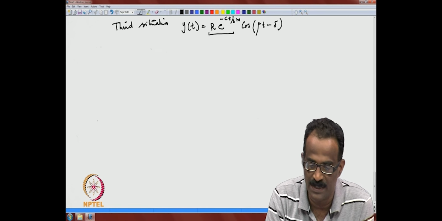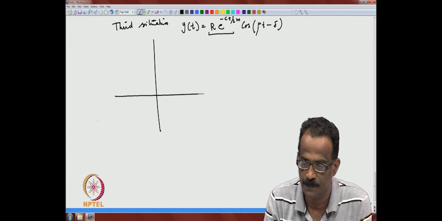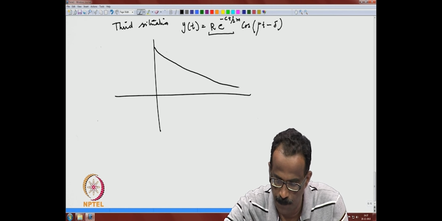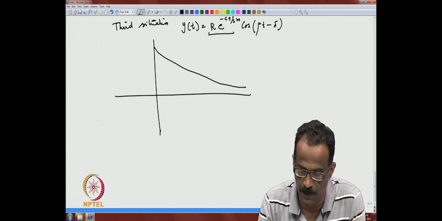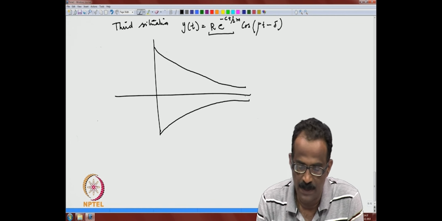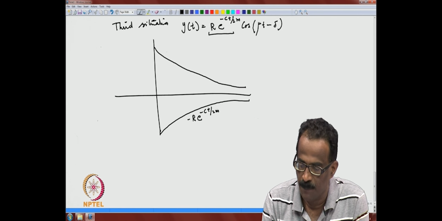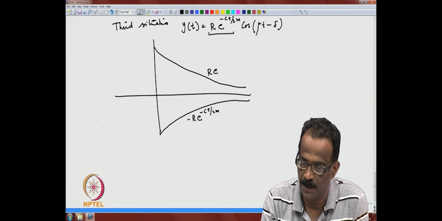So, if you plot this graph here, you can plot two curves. This curve is nothing but minus r e power minus c t by 2 m. This curve is nothing but r e power minus c t by 2 m.